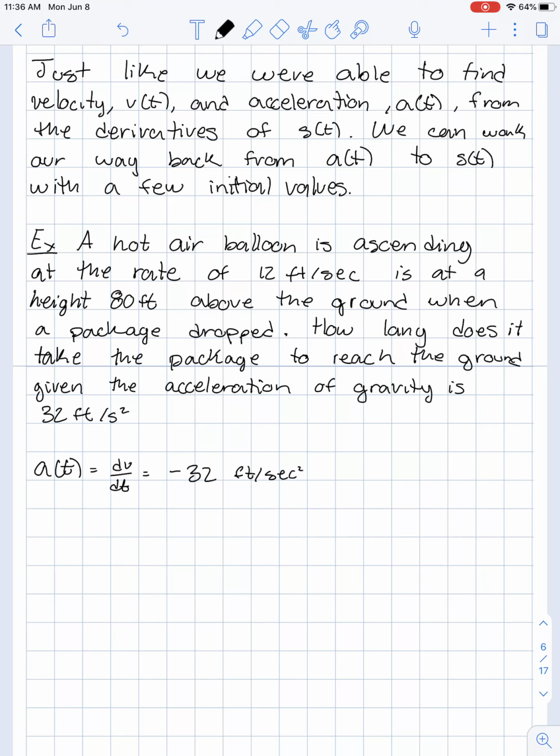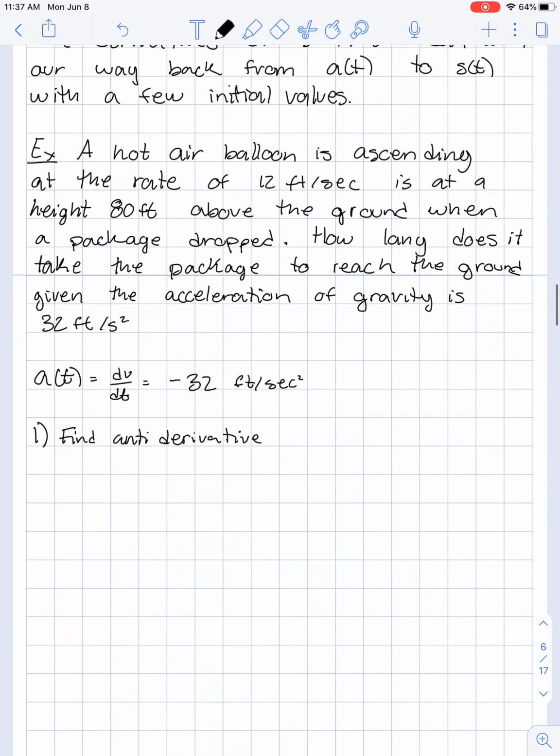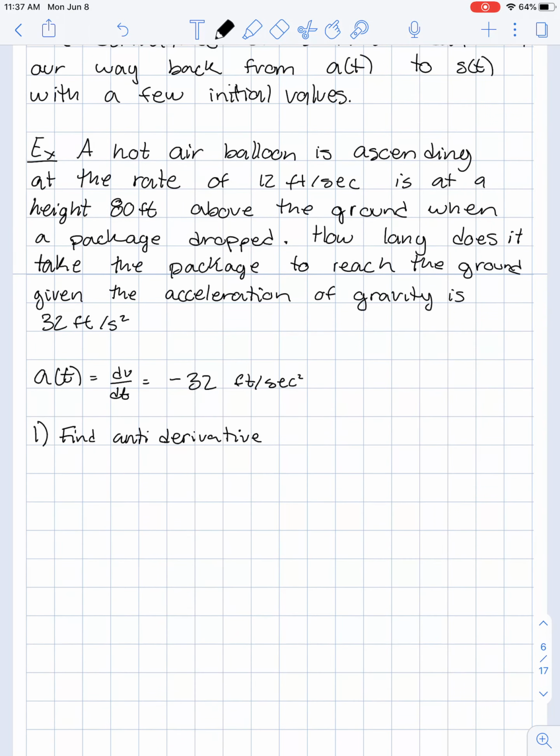So just like we did with our first initial value problem, I'm going to find the antiderivative, and then I'm going to plug in my initial value. So if the derivative is a constant, the antiderivative is going to be negative 32 times a variable, right?